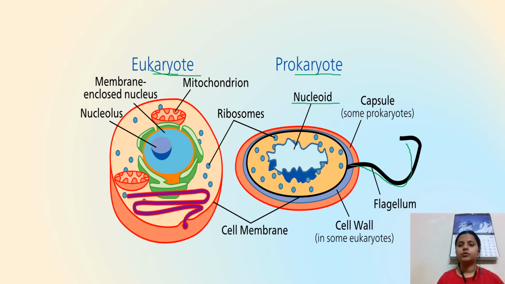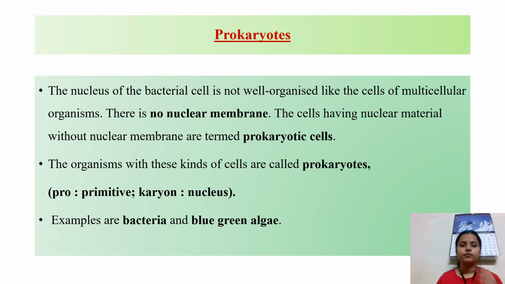Now let's move further. Now we have to read about prokaryotes. The first point is that the nucleus of a bacterial cell is not well organized. In prokaryotes, the nucleus is not well organized like the cells of multicellular organisms. There is no nuclear membrane.